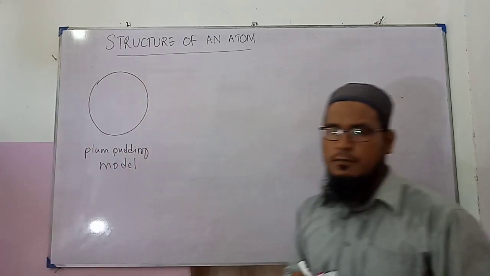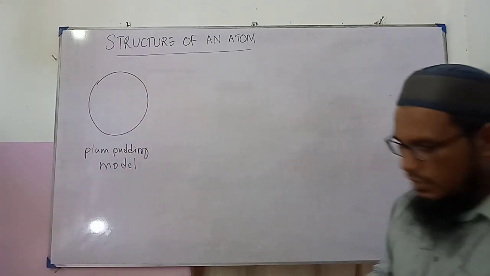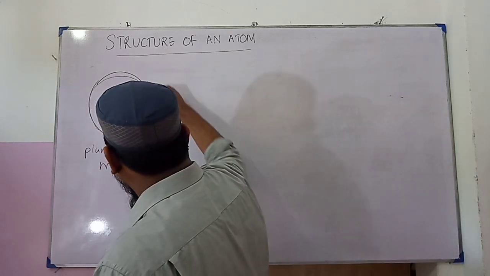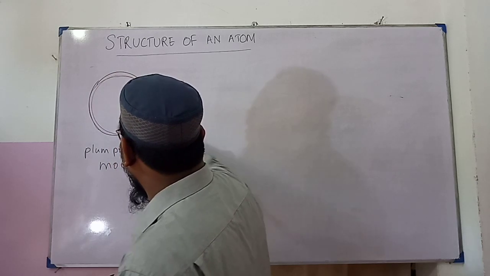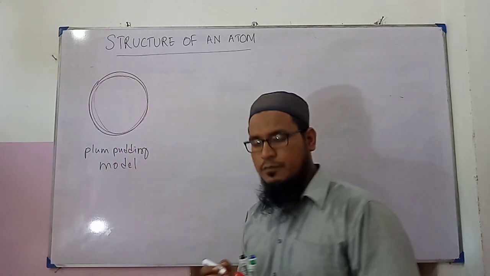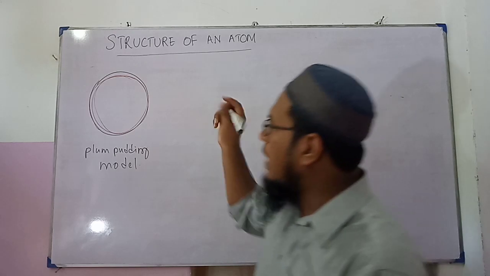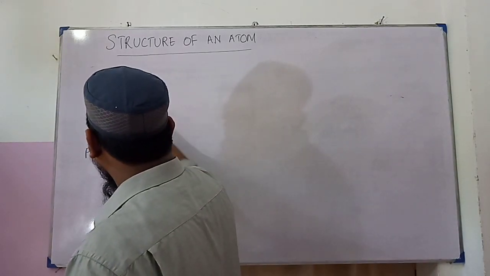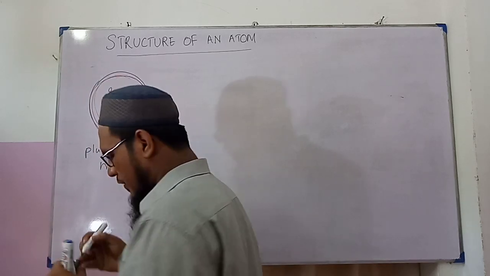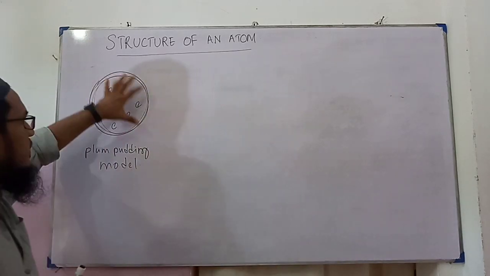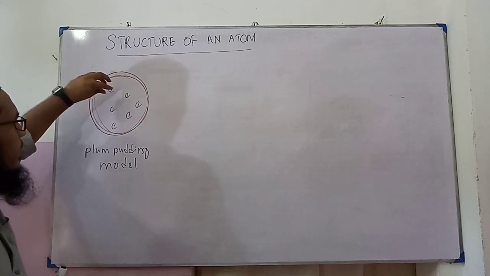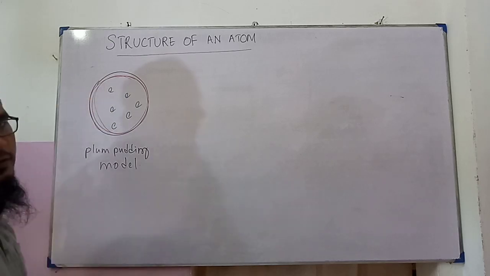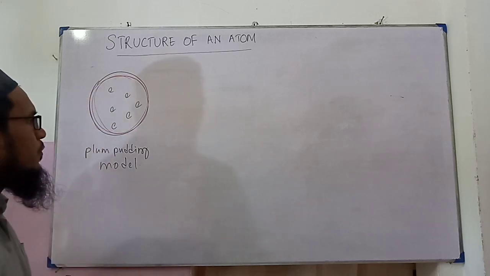According to the plum pudding model, J.J. Thomson said that the whole pudding is like the proton, and like plums embedded on the pudding, electrons are embedded in the pool of proton, which means the whole structure is made out of proton and electrons are embedded here and there on the pool of proton.